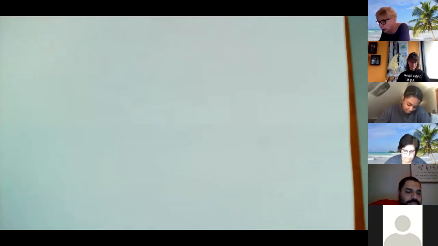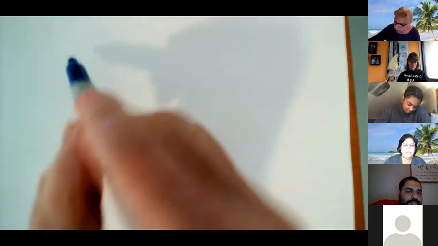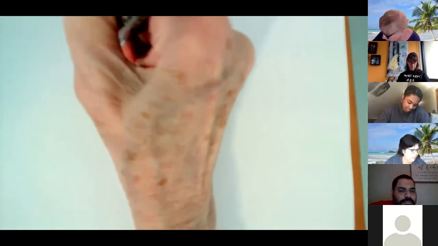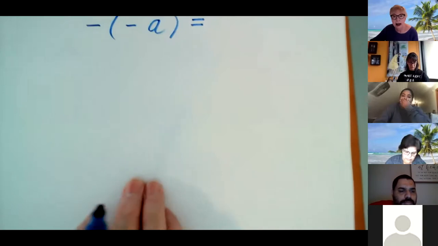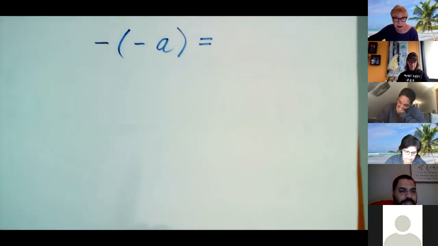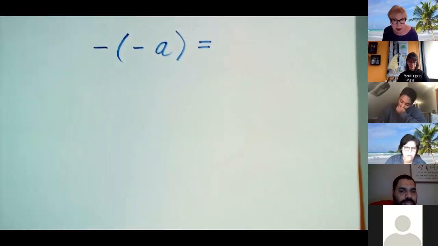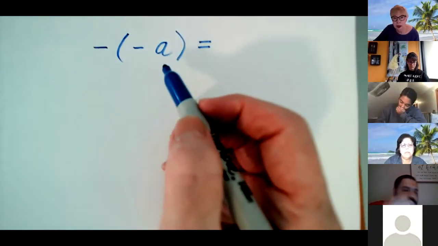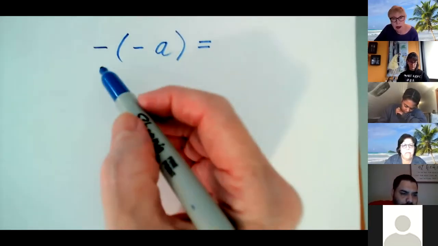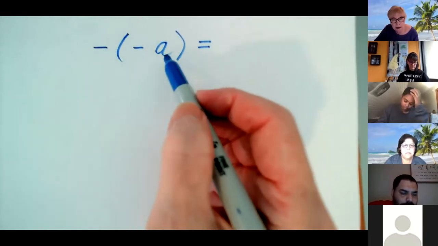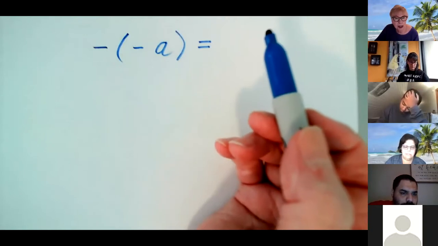So in one section in your book or in your reading, they have something like this. Instead of using a number like I did a second ago, they use a letter. Remember, the letter means a number, doesn't matter. So the opposite of a negative would be, this is the general version.